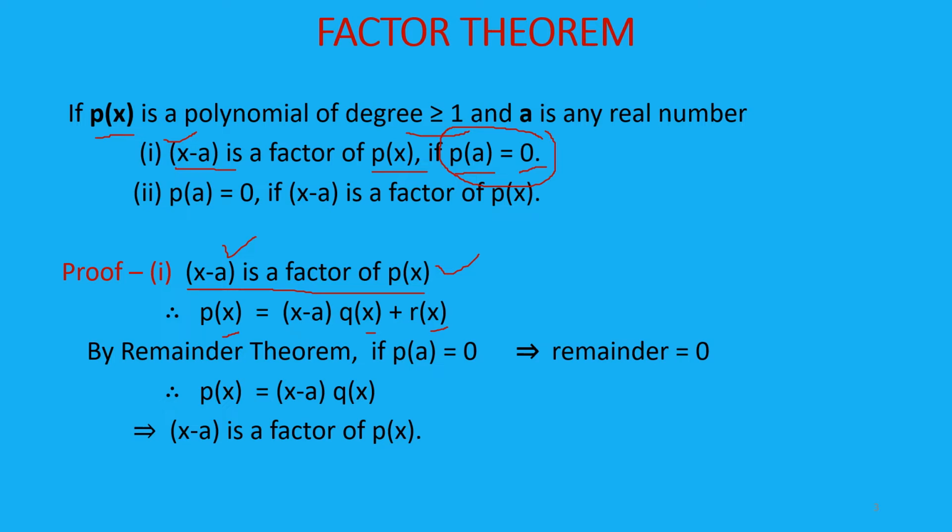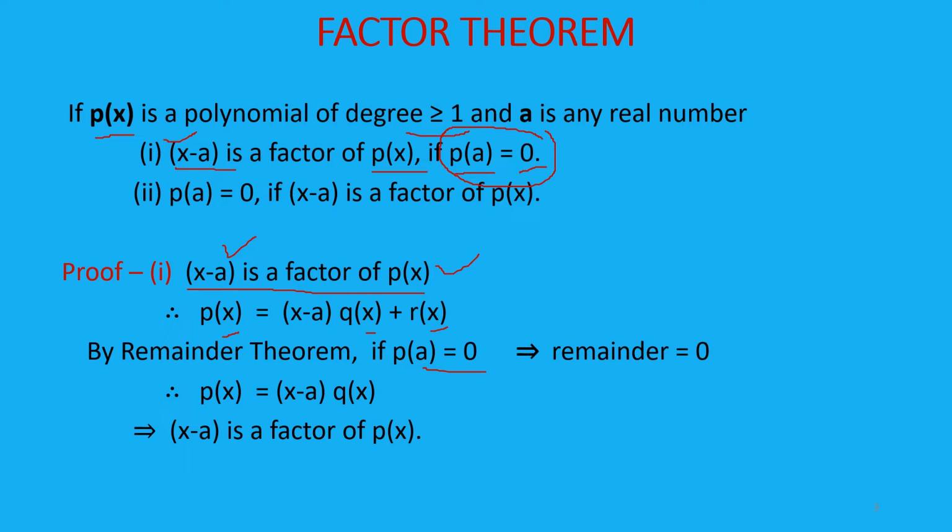Now let's recall the remainder theorem. According to the remainder theorem, if P(x) is any polynomial whose degree is greater than or equal to 1 and if P(x) is divided by the linear polynomial x minus a, then the remainder is P(a). Now here P(a) is equal to 0.